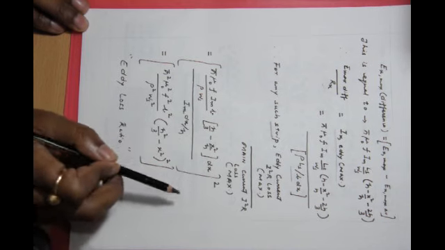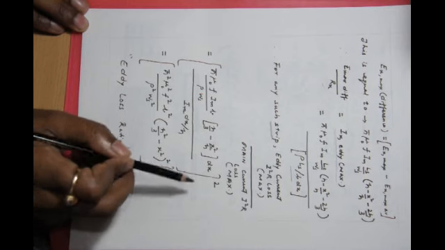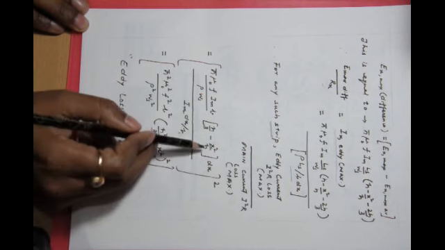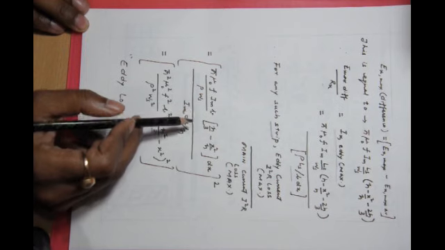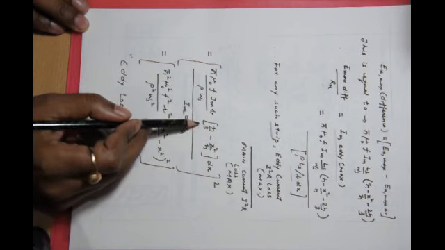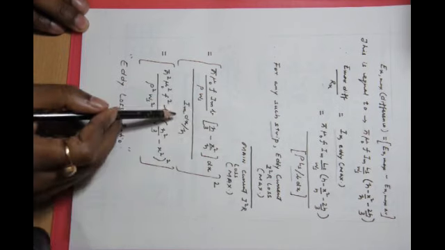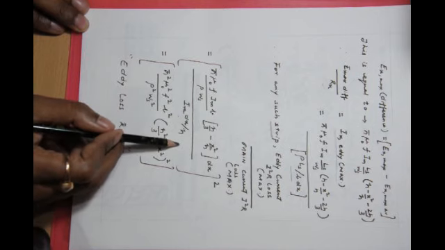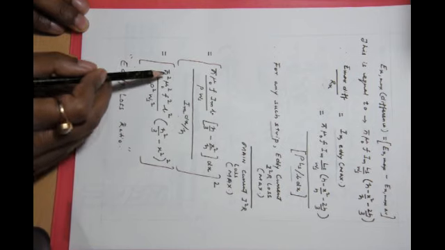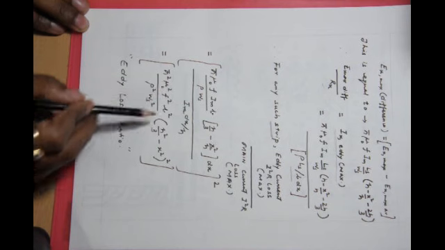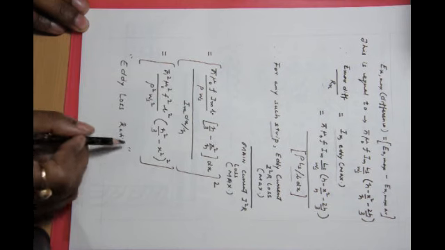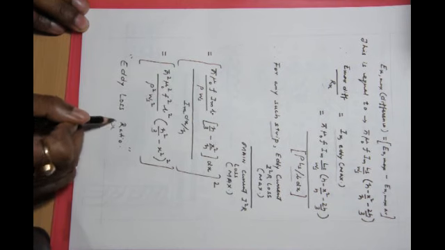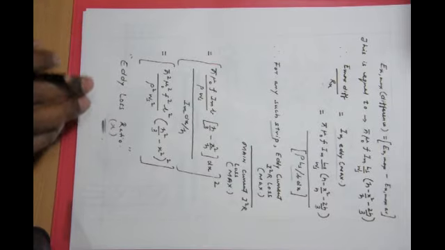Numerator resistance and denominator resistance both are same, so they get cancelled out. So we are left with only I square eddy current divided by I square main current. This is the expression we get, and this is the eddy loss ratio at a distance x. Fine.